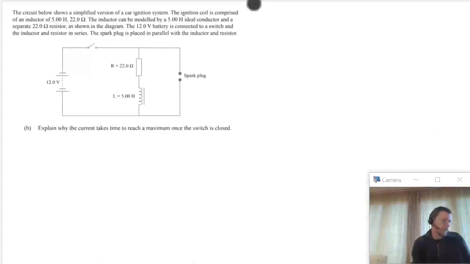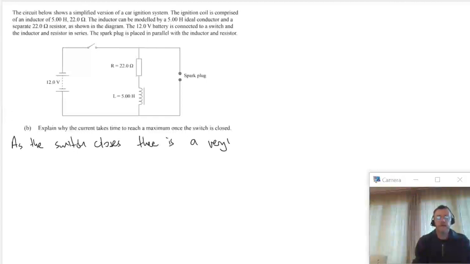So let's have a look at the sorts of things we can talk about. As the switch closes, there is a very high change in current over change in time, so rate of change of current.